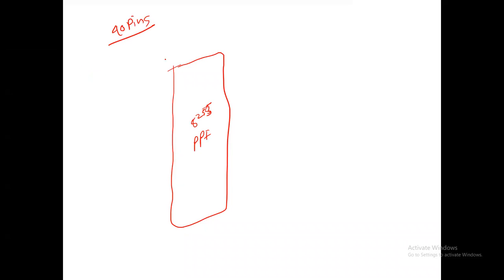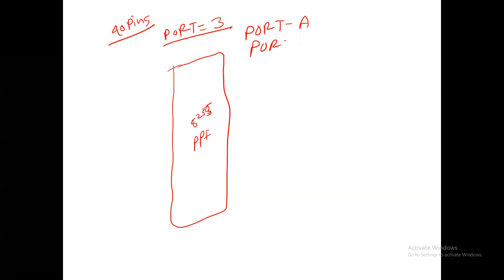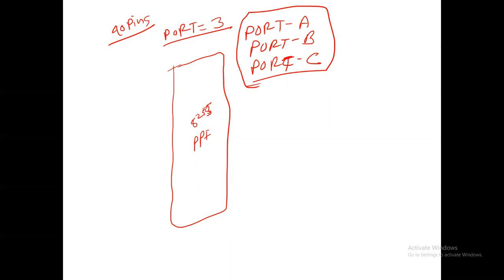And this IC uses 3 ports. Okay, the communication ports are 3. Number of ports is equal to 3. The port names are port A, port B, and port C. Okay, all clear?